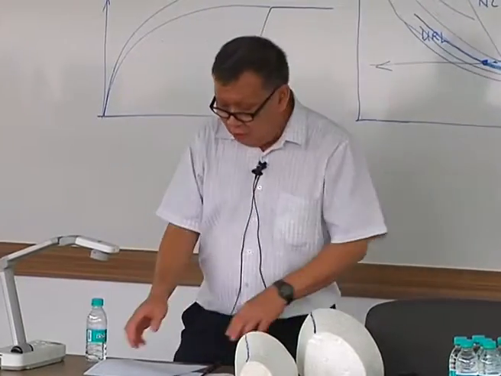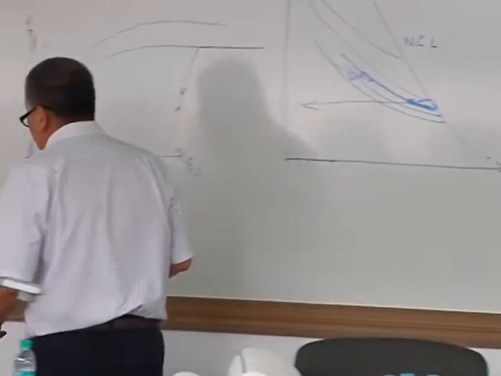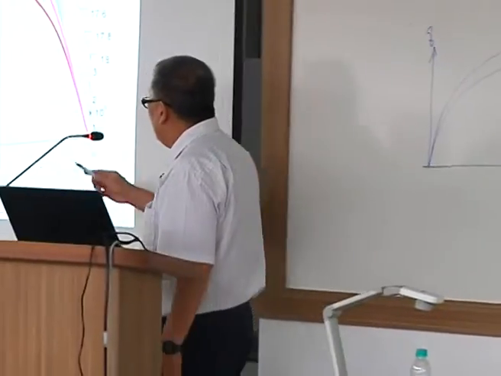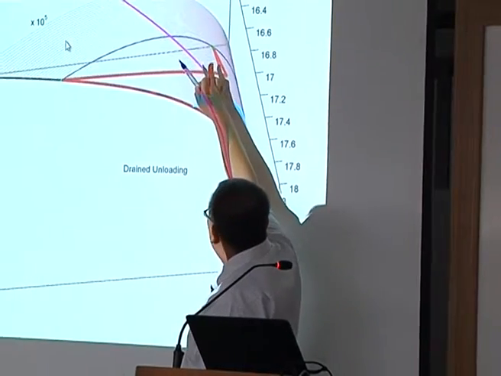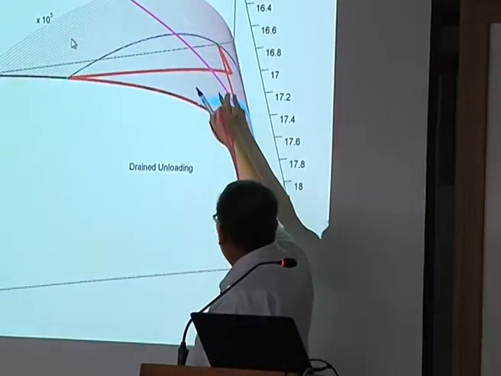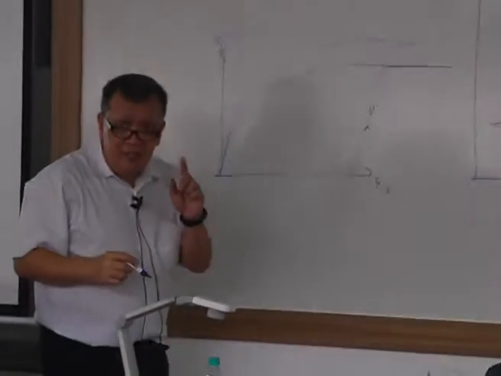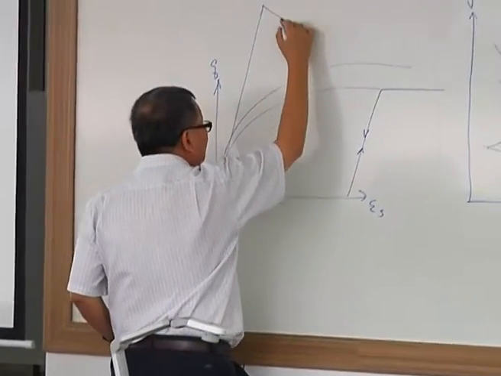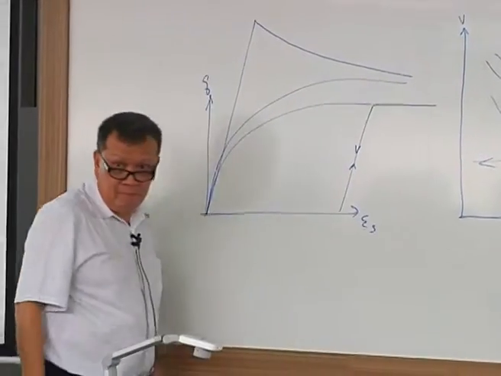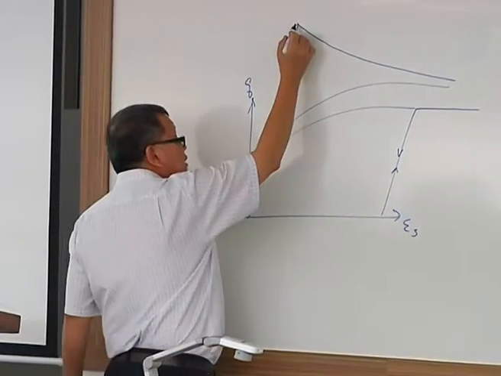Now, if you plot the stress strain curve, what would it look like? The stress strain curve will show you an elastic region going right up to the top, but this is the peak strength, and then coming back down towards critical state. So in essence, Cam-clay will predict something that looks like that. So what is this peak strength?